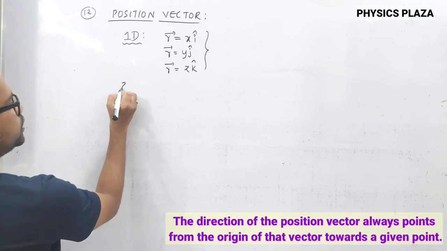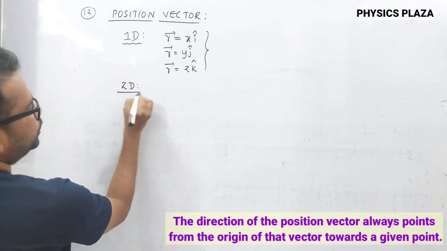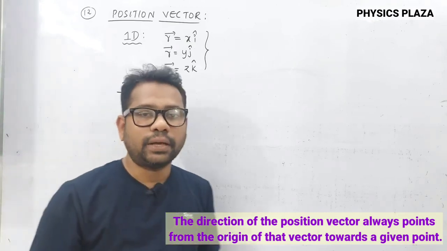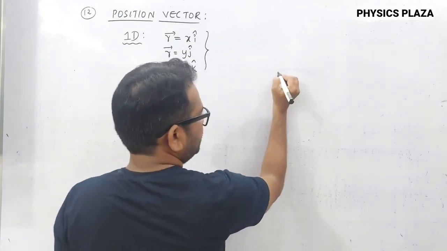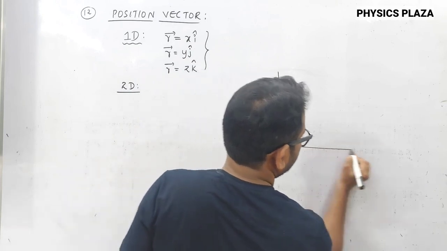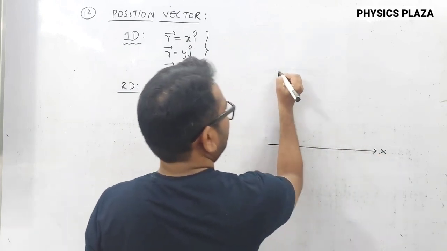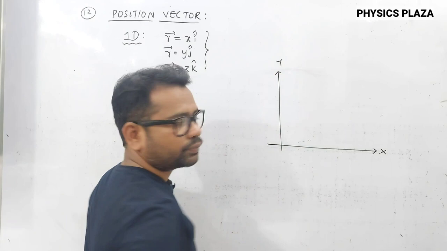Now let us see how the position vector is represented in two dimensions. We need to take a plane; we can take the xy plane, yz plane, or zx plane, it doesn't matter. For our convenience, let us take x-axis here and y-axis here.